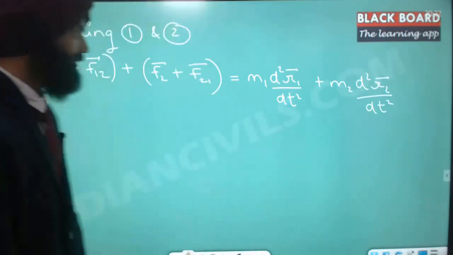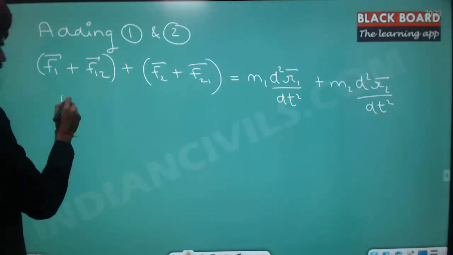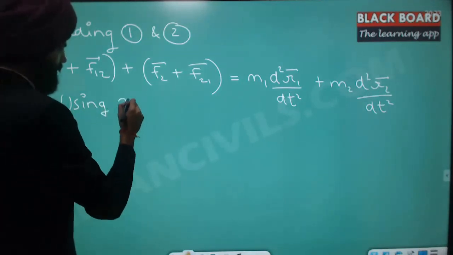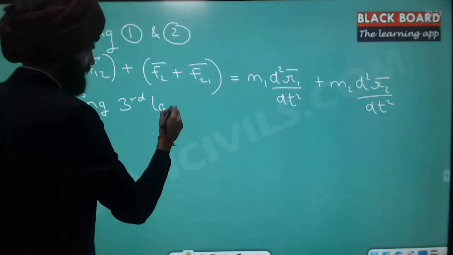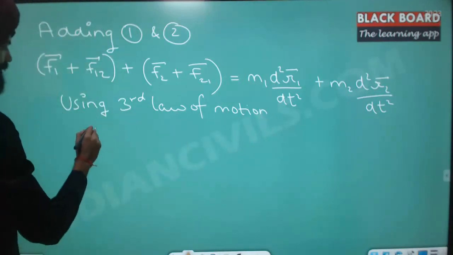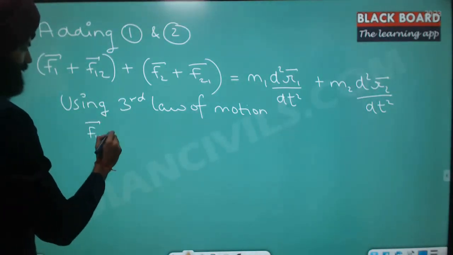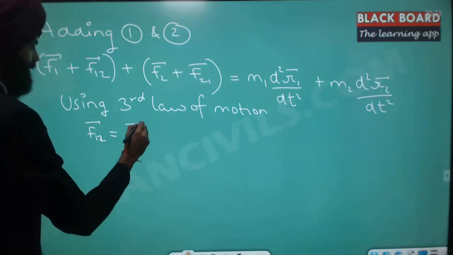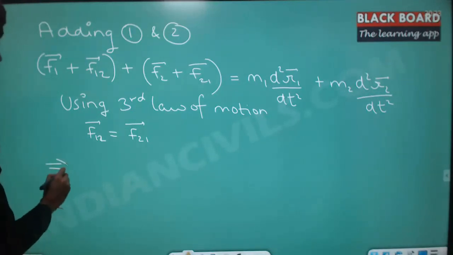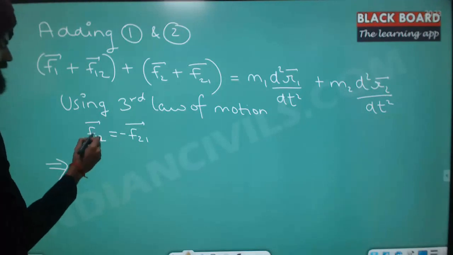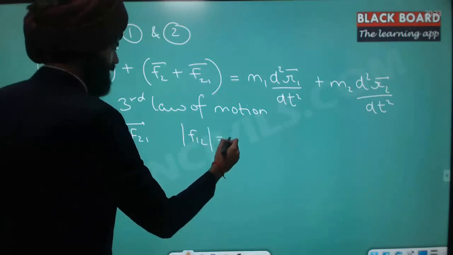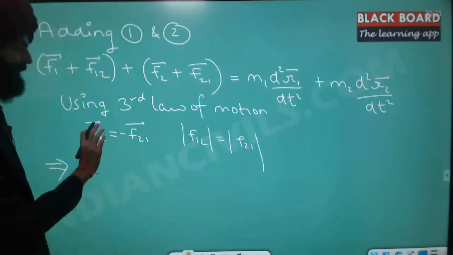So F12 equals negative F21. The magnitude of these will be the same, but of course, these two forces are acting in opposite directions.